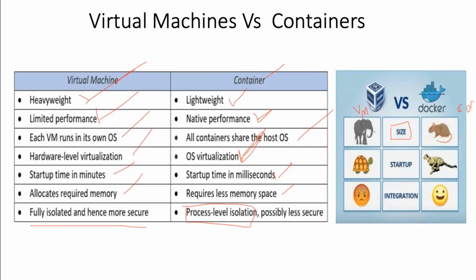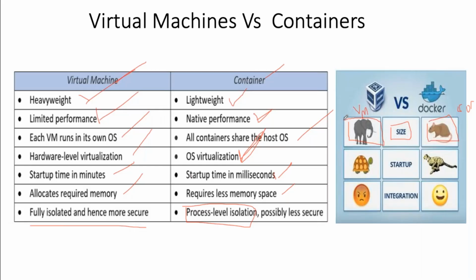It is not like that. I am talking about size. Is the container lightweight like a rat? Is the VM heavyweight like an elephant? The VM is not an elephant, but I am talking about size.